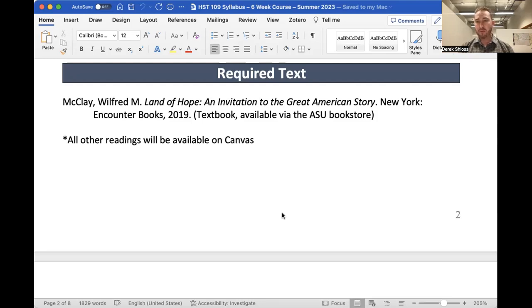So a few things about this textbook. First of all, McClay frames his textbook around the concept of the nation. That's always a big question when you're a historian or a group of historians constructing a U.S. history textbook, especially an early U.S. history textbook. And that's what this course is, early U.S. history to 1865.